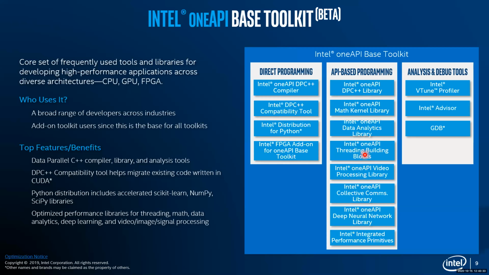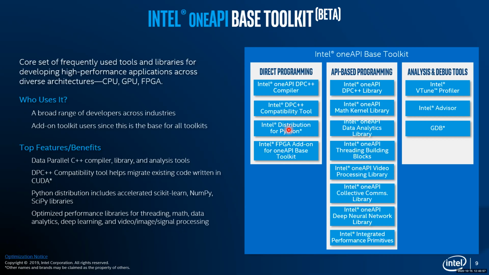In addition to that, there is the Intel Distribution for Python, which is a great data science toolkit and contains a lot of familiar things. This is just a list to give you an idea of what is contained inside the toolkit.